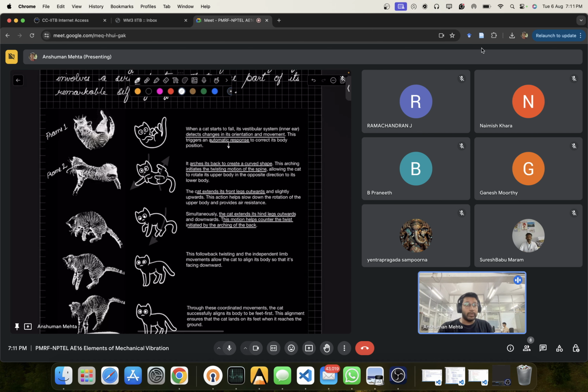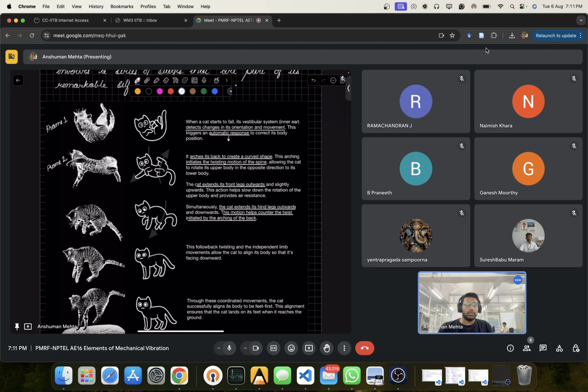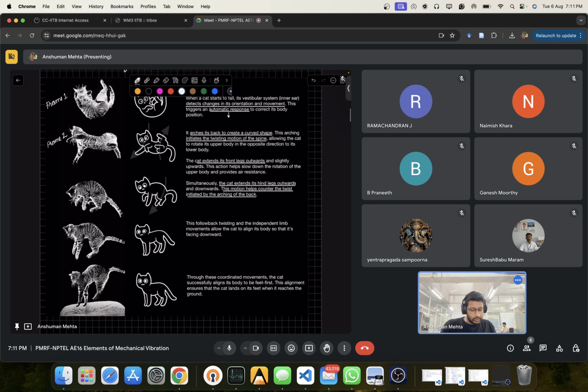Now this back twist and the independent limb movement allow the cat to align its body. So there are two things.